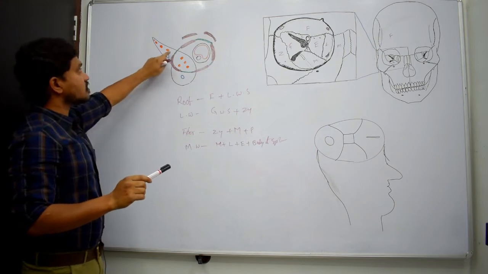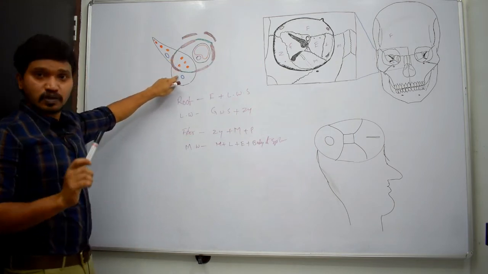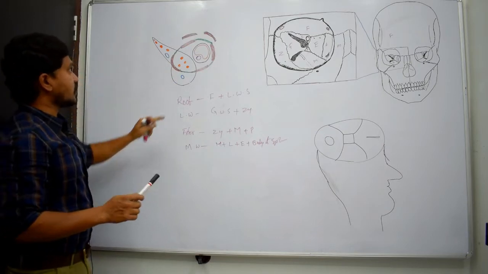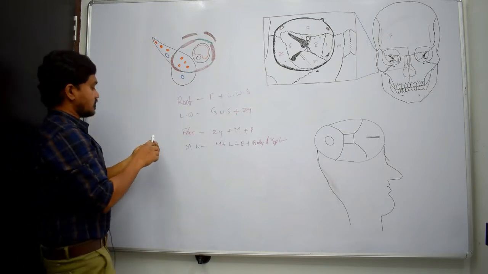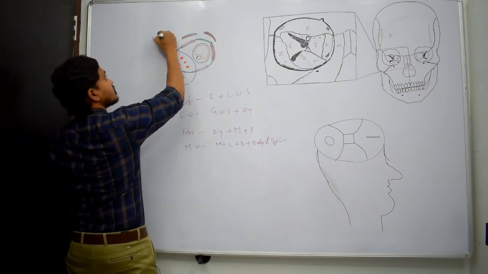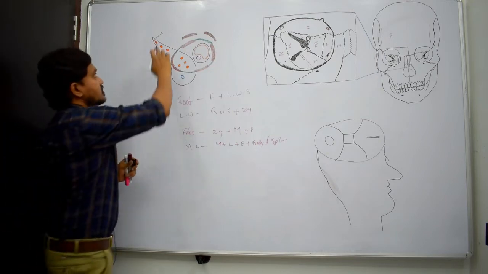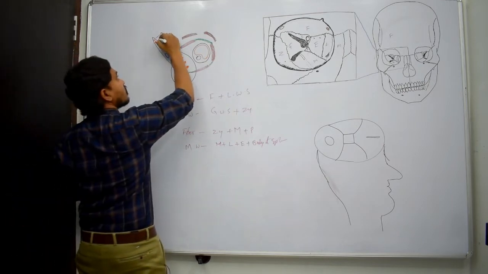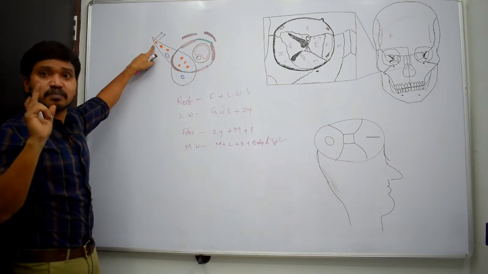Clear? So if it is divided into upper, middle and lower parts, what are the structures passing through each part? Coming from lateral to medial side, in the lateral most part you can see an artery. This artery is the recurrent meningeal branch from the ophthalmic artery. Next is the lacrimal nerve.